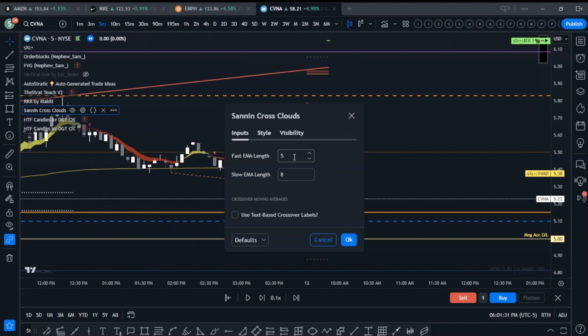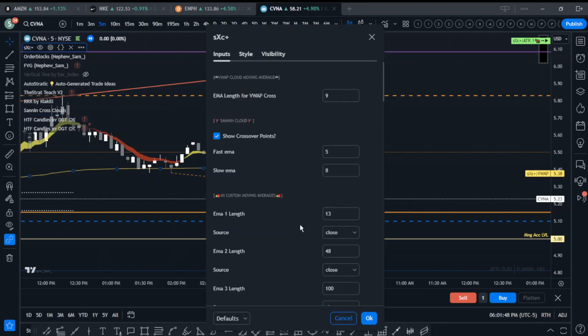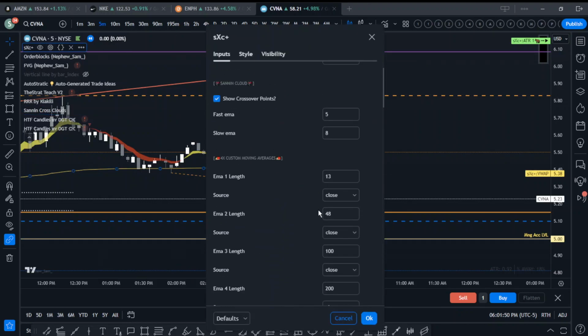Yahoo Finance did some research and they said that the most profitable are the 13 and the 48. And so the Sannin Cross Clouds Plus Ultra comes with four sets of additional EMAs that you can use. And there you go, it's the 13 and the 48. That's the first one, because those are the most profitable.